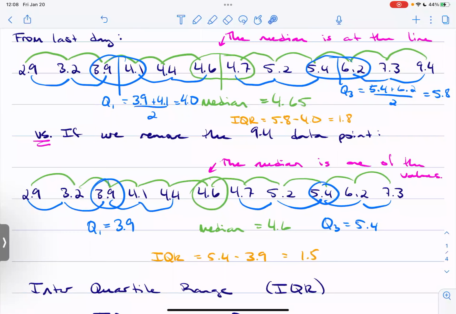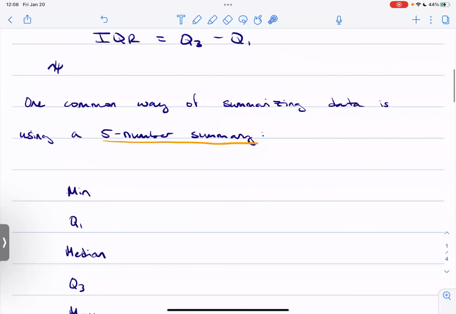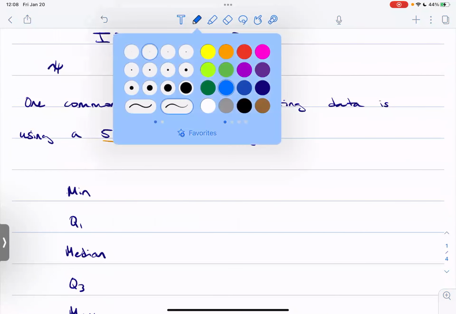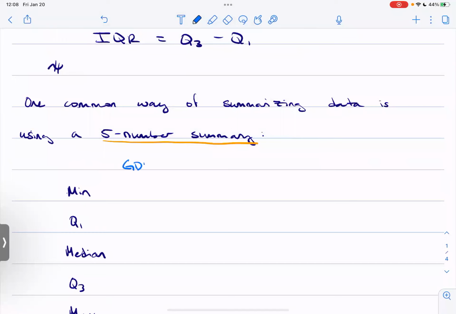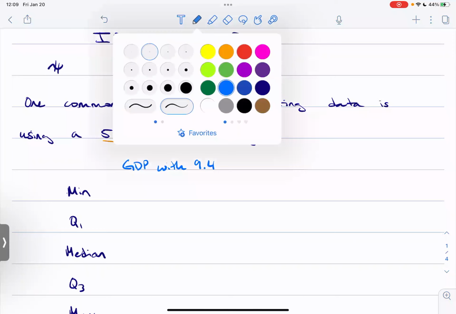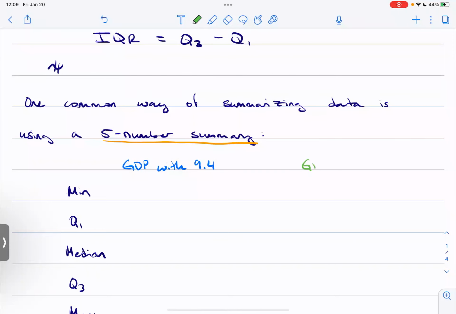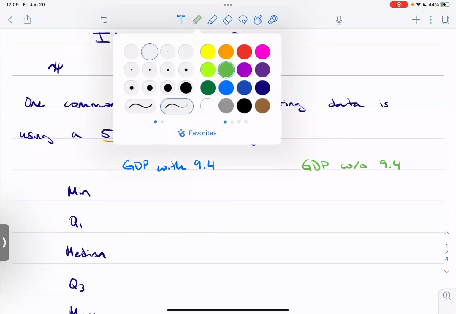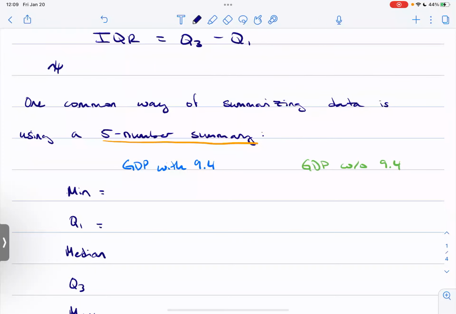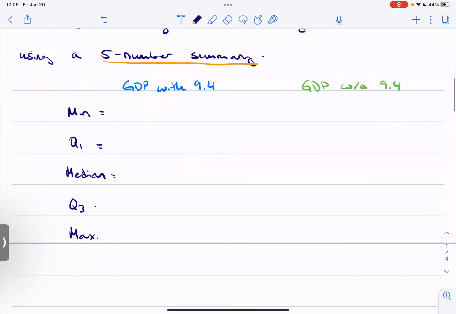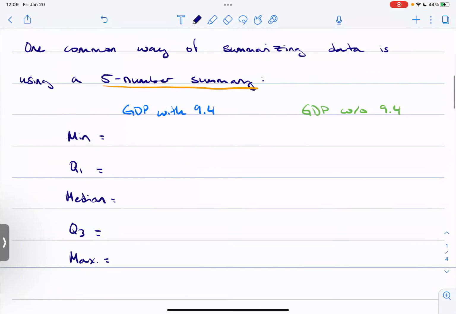I didn't name them anything, but let's say the first data set is GDP with 9.4, and then I want to do GDP without 9.4. We're going to find slightly different 5-number summaries. The minimum, Q1, median, Q3, and the maximum.